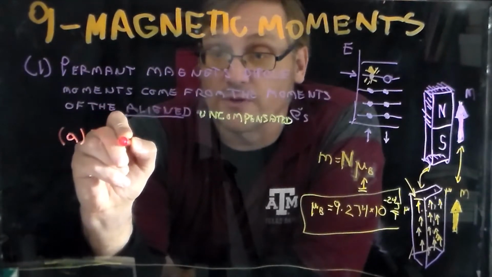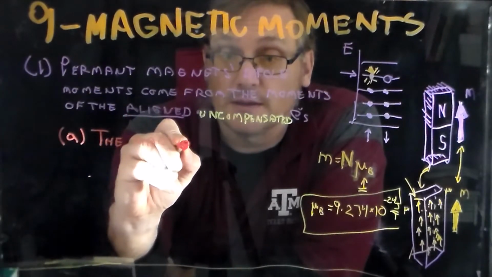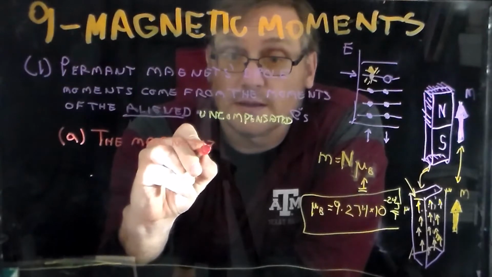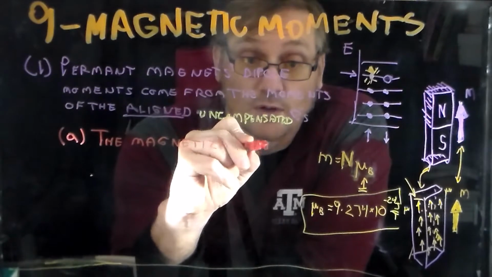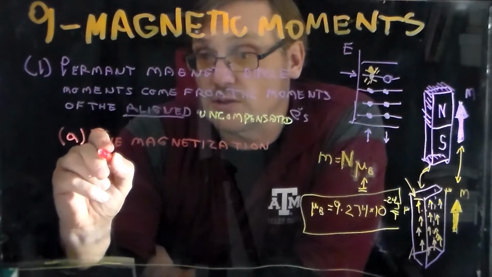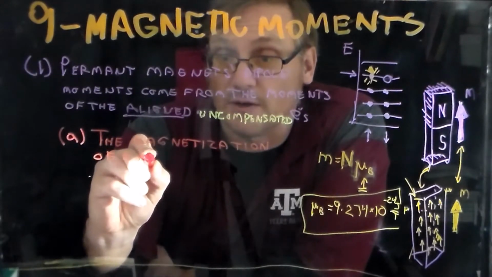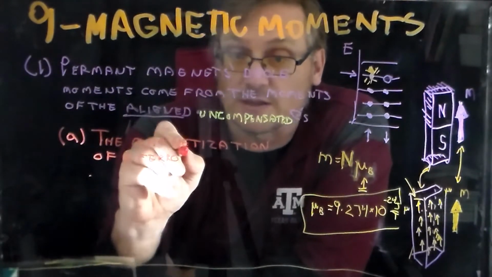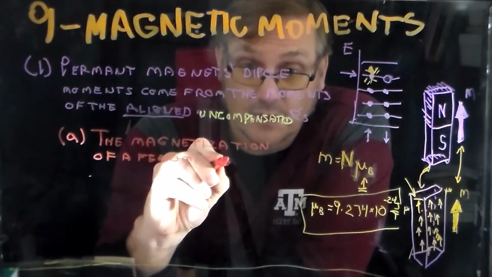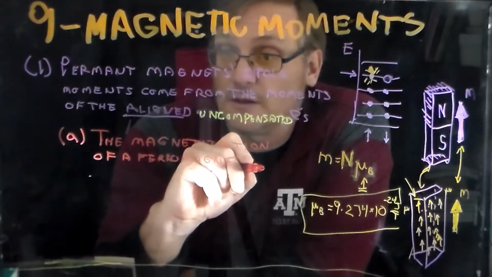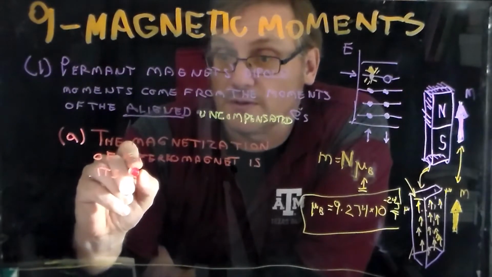That's equivalent to the polarization of a dielectric material, or a ferroelectric material actually. Magnetization of a ferromagnet. We call these ferromagnets because iron is the paradigmatic example, not because it necessarily has iron in it, although a lot of them do. Again, cobalt or nickel is also common. Magnetization is its volume average moment.